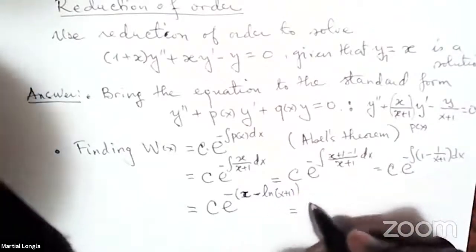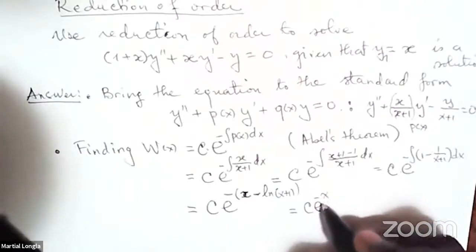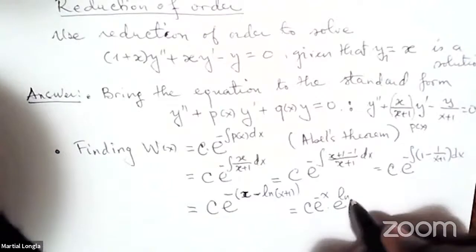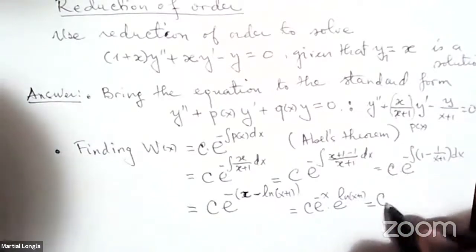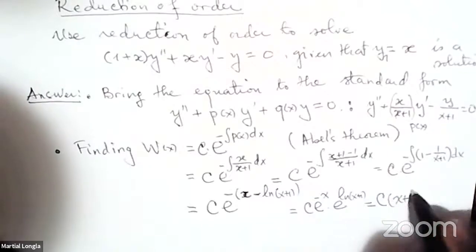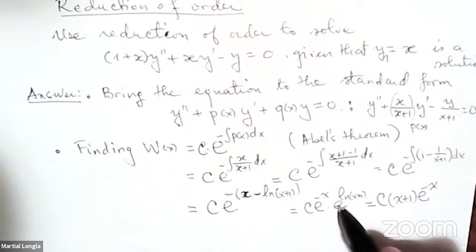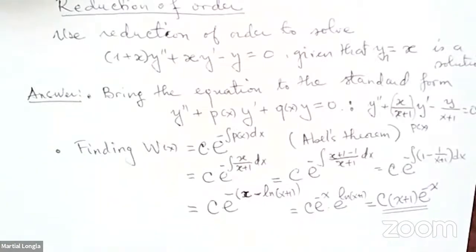So that is c e to the negative x times e to the natural log of x plus 1, which is nothing but c times x plus 1 times e to the negative x. Why is that? Because e to the natural log of x plus 1 is x plus 1. So this is what the Wronskian is equal to using Abel's theorem.